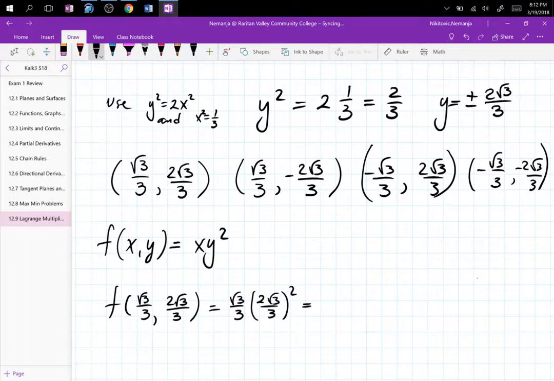And that's going to be 3, 12, root 3 over 27. And now these cancel by 3. 4 root 3 over 9.